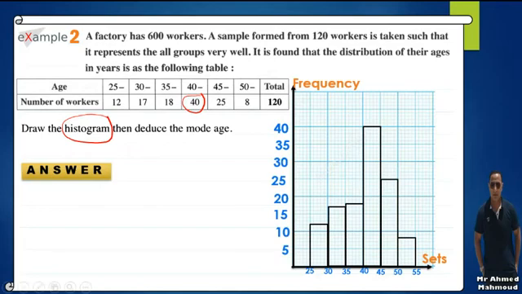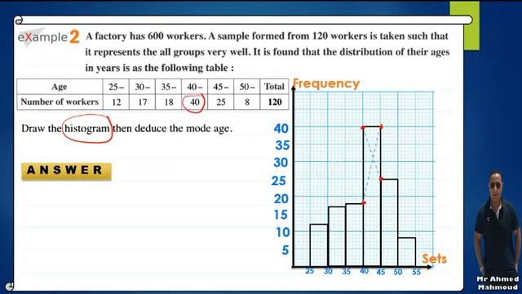Now this is the histogram, as I said before. I'm going to search for the maximum rectangle, which is this one. I'm going to connect this point with this point, crossing like this, and this point with this point like this.